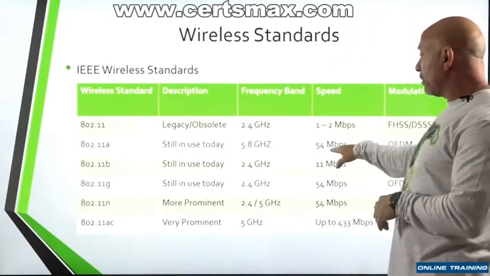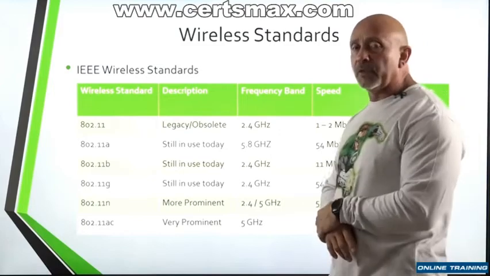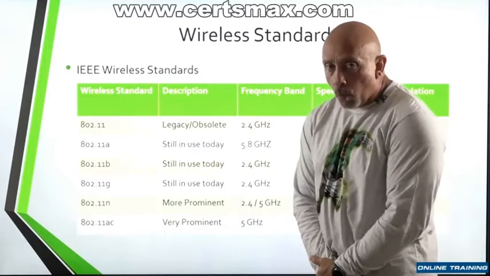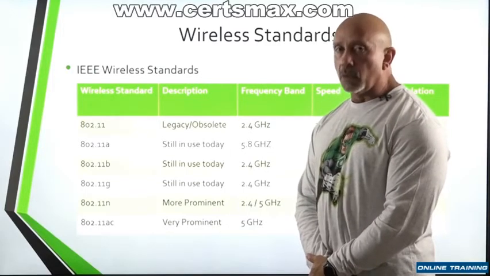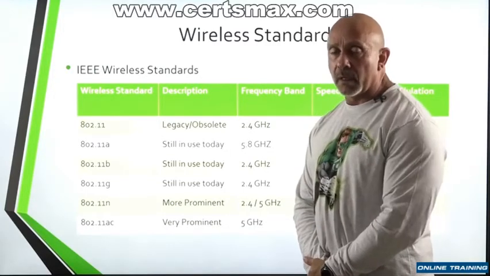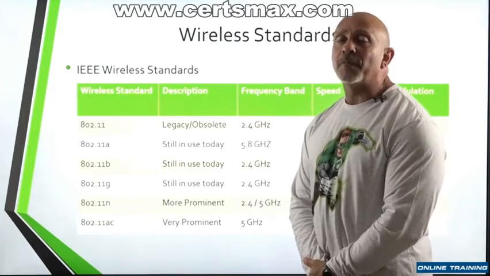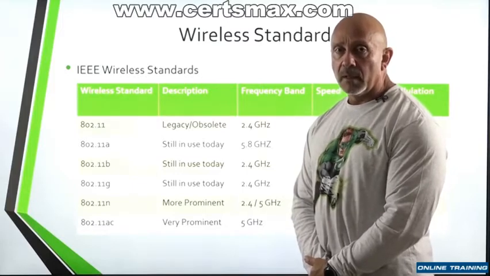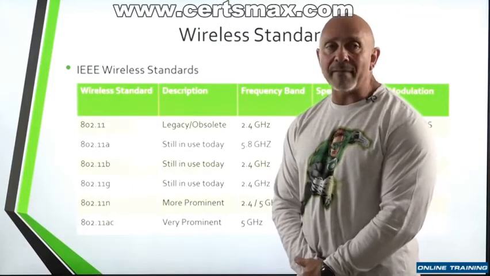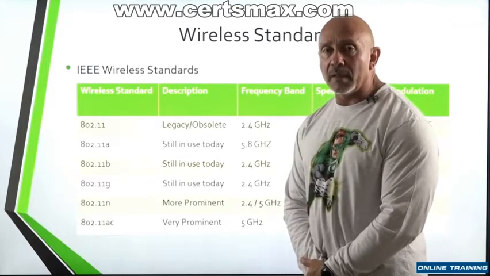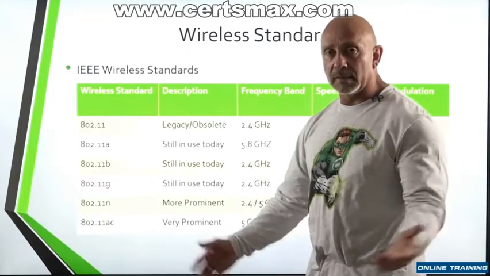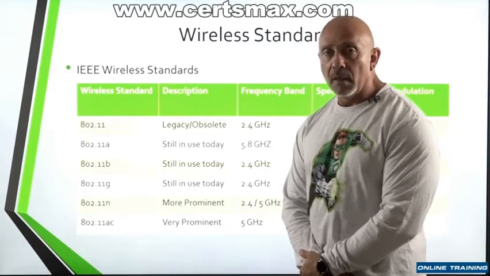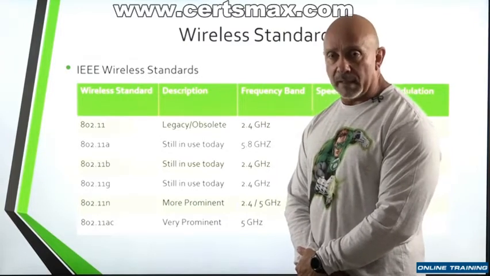Besides the obvious, which is speed, 54 megabits per second, because every last device in your home that's electrical runs at the 2.4 gigahertz range. So you're going to have interference. Your microwave will interfere with your wireless signal. Your appliances, your TV, everything, not your oven, obviously, but you know what I'm talking about, are going to interfere with your 2.4 gigahertz range.